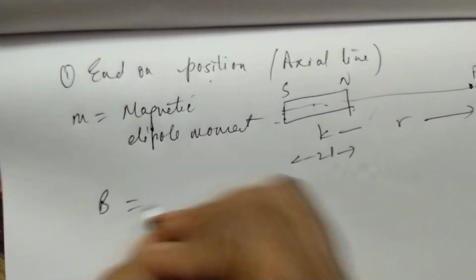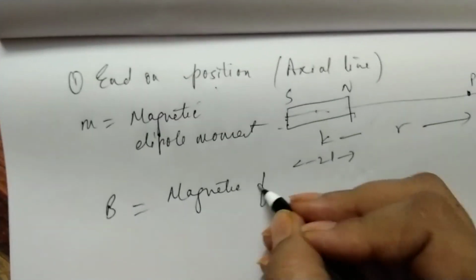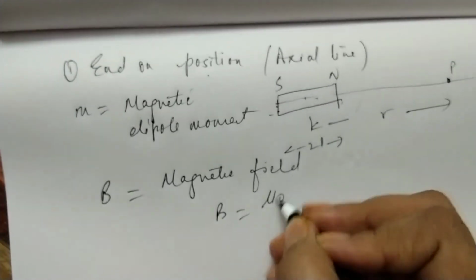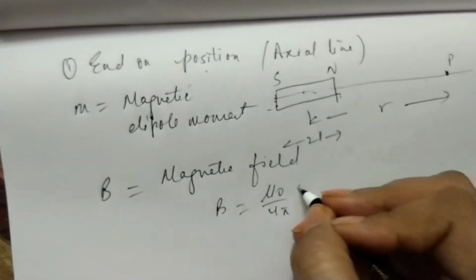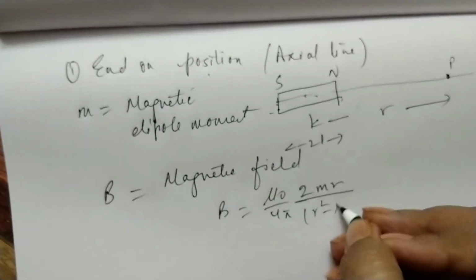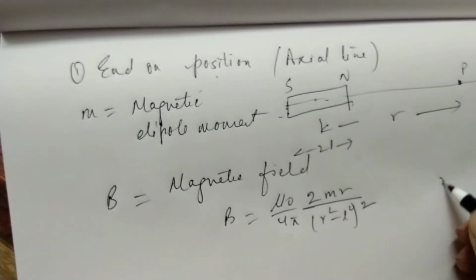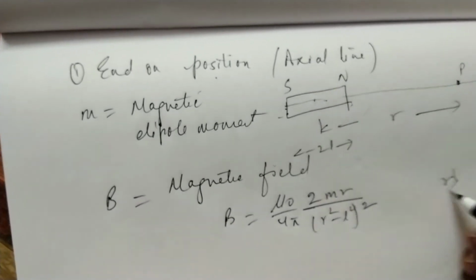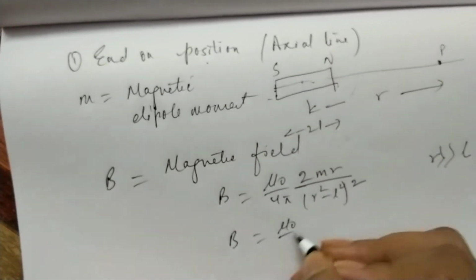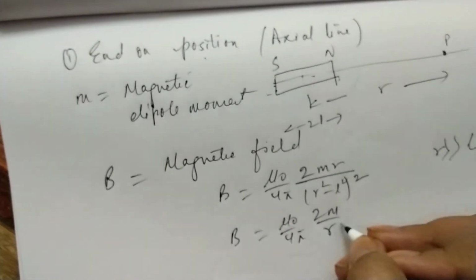B is the magnetic field, so B equals mu 0 by 4 pi times 2mr divided by (r square minus l square) whole square. If r is very much greater than l, then B equals mu 0 by 4 pi times 2m by r cube. This is the formula.